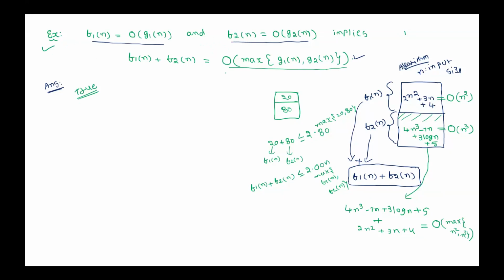Okay, let us start with the formal definition of big O notation.